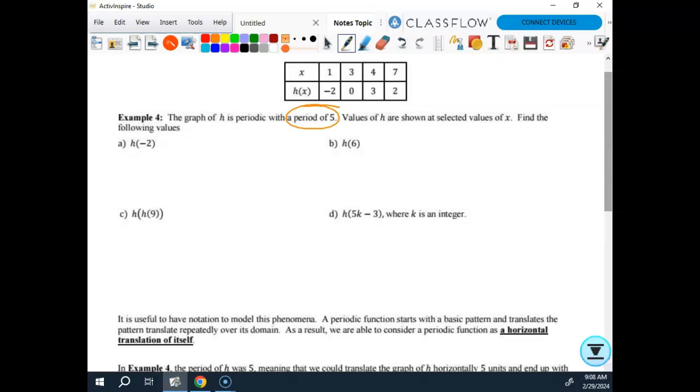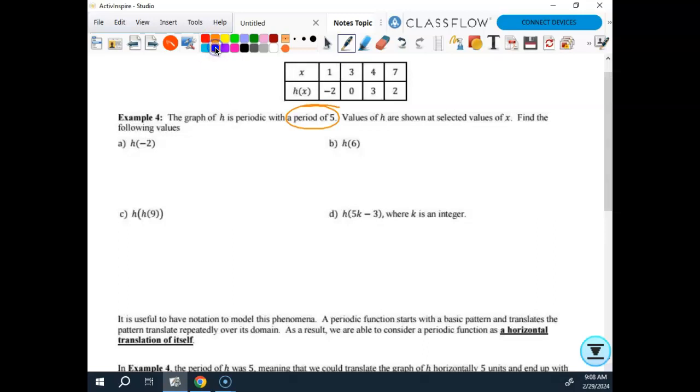I'll give you a second. How can I use 5 and something in my table to end up with -2? Anybody?